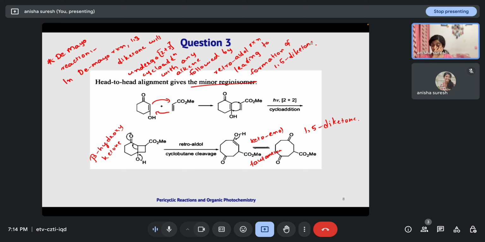Okay, so this is also an important reaction when we are considering 2 plus 2 cycloaddition reactions.